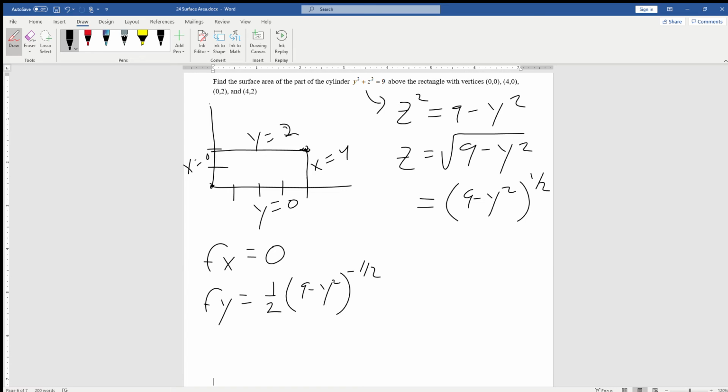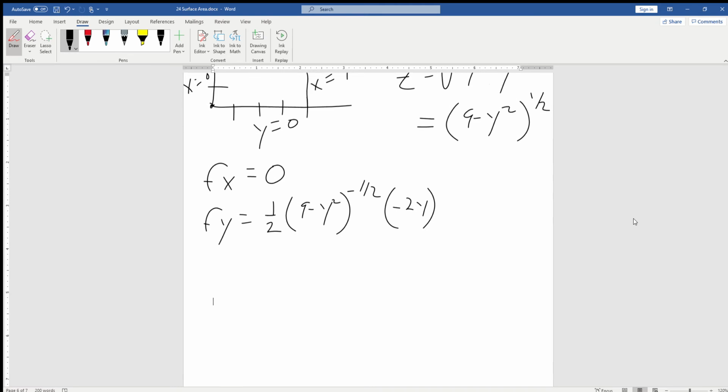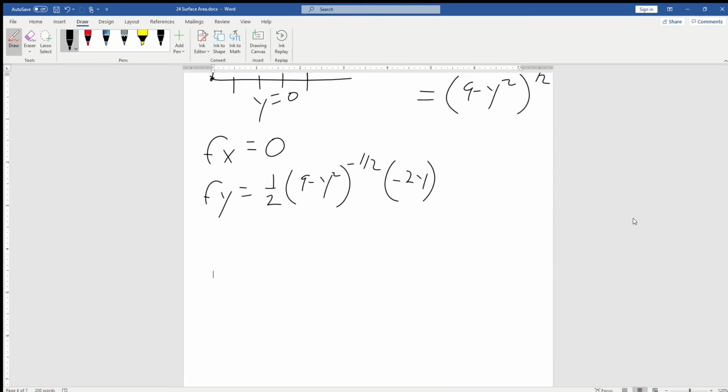So you subtract 1. We can't forget about the chain rule. So we have a negative 2y as a result of that interior derivative. Okay, so don't forget about your chain rule. If we want to rewrite that, canceling out the 2 and the 1/2, it is negative y over the square root of 9 minus y squared.